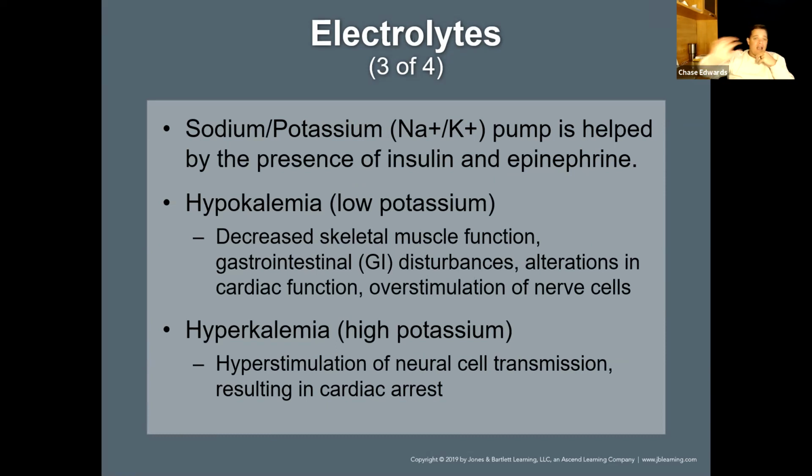All right, so hypokalemia, we've talked about that. That low potassium can result in decreased skeletal muscle function and GI disturbances, as well as alterations in cardiac function. Hyperkalemia can result in hyperstimulation of the neural cell transmission, resulting in cardiac arrest. High potassium.